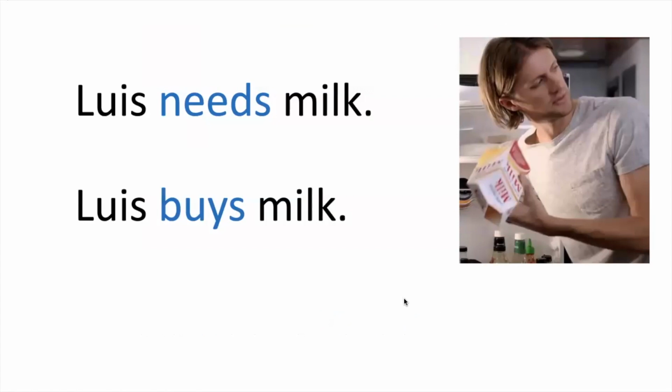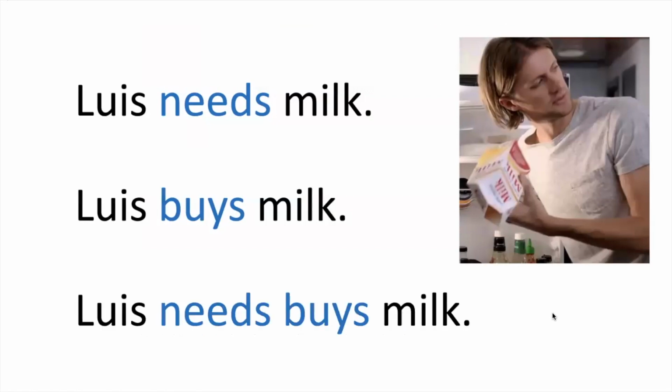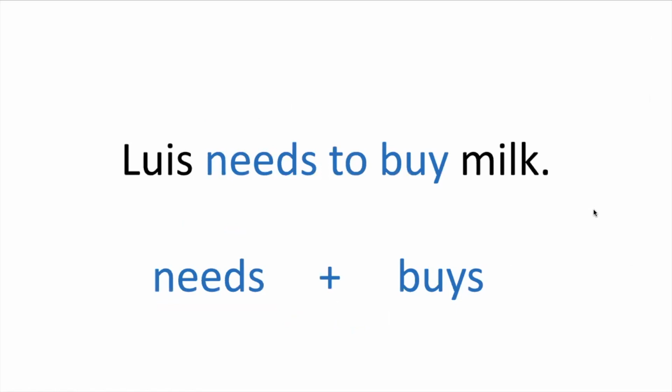But in English, we can't just put two verbs together and say Luis needs buys milk. The first verb, needs, will stay the same, but the second verb has to change. So instead of saying Luis needs buys milk, we replace buys with to buy.